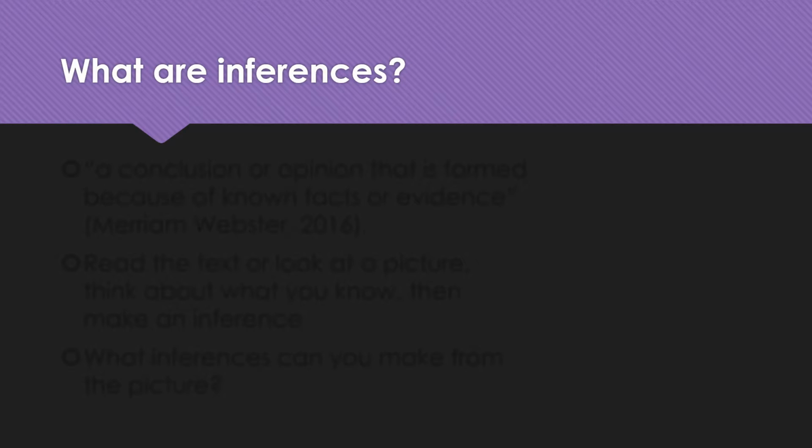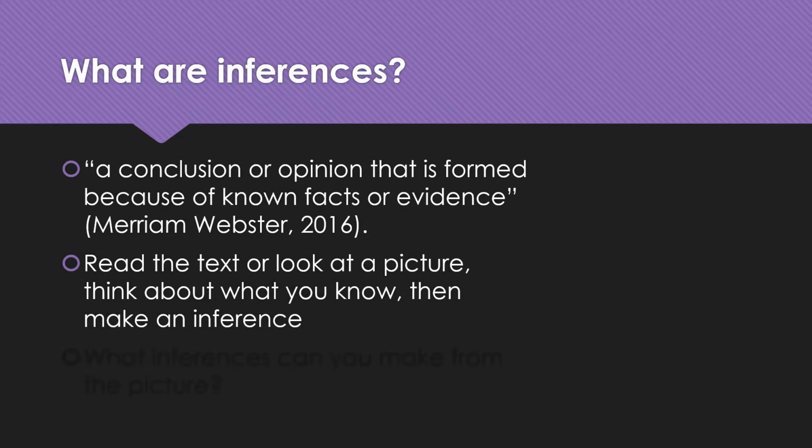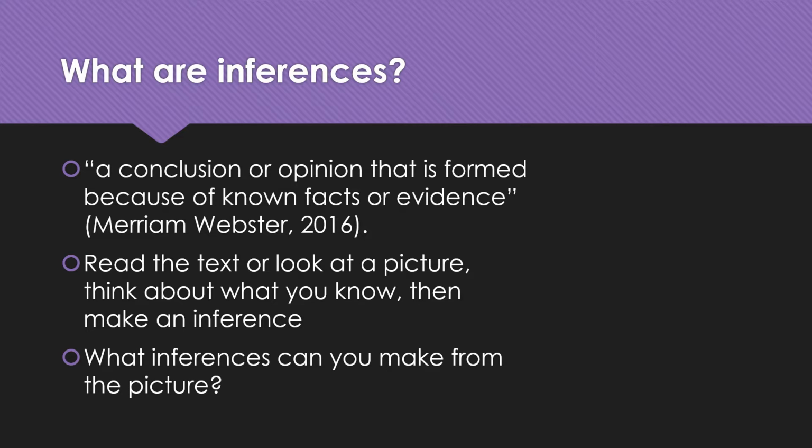What are inferences? Dictionary definition: a conclusion or opinion that is formed because of known facts or evidence. So you're going to read the text or look at a picture, think about what you know, then make an inference. What inferences can you make from the picture?